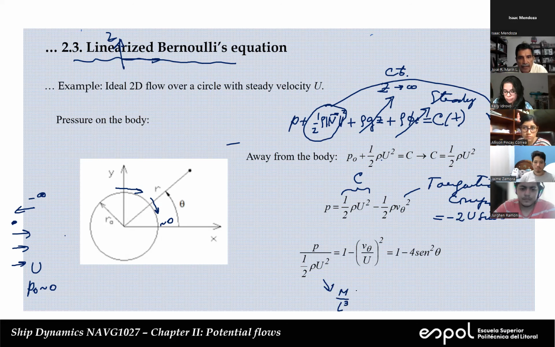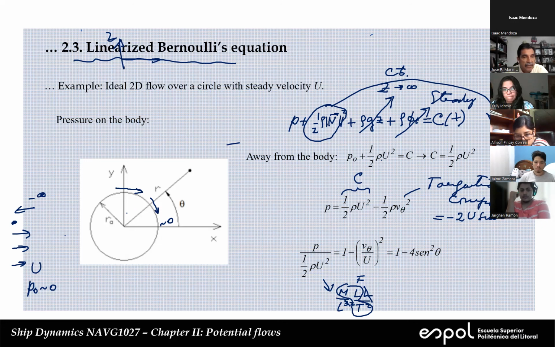And this is the velocity, so we have length over t squared. So we can cancel one of these, and this is force. So we got the correct units. Okay, so this quotient is non-dimensional. And since this is a constant, basically this is proportional to the pressure.